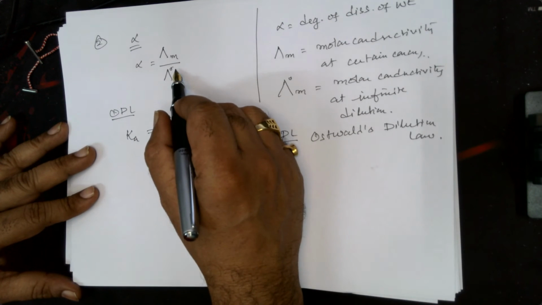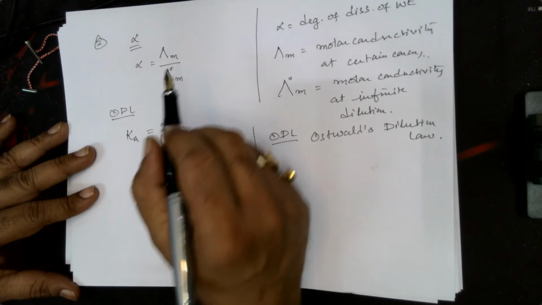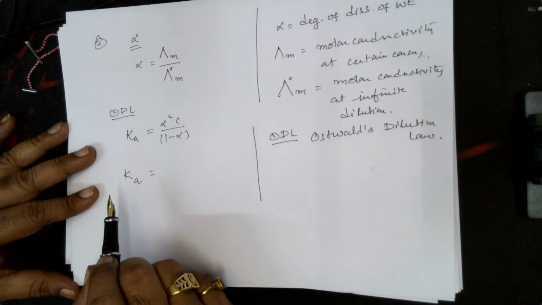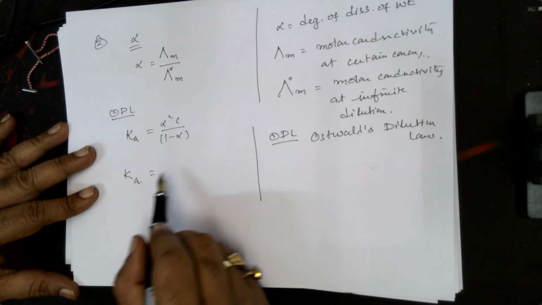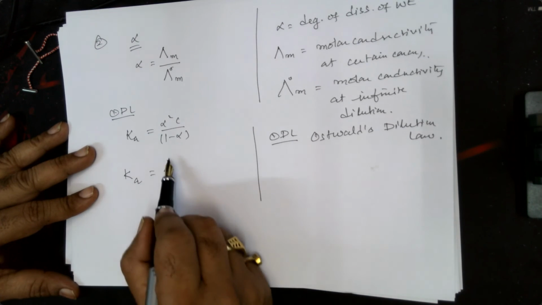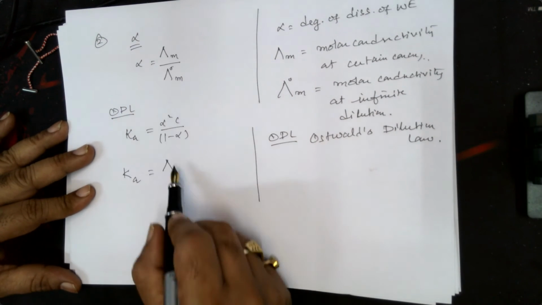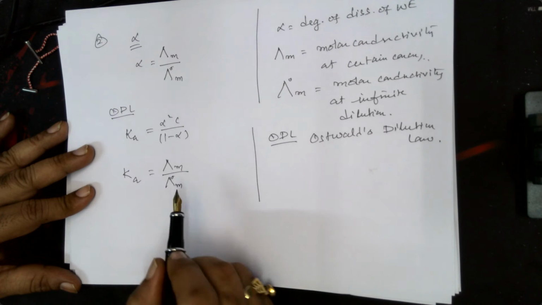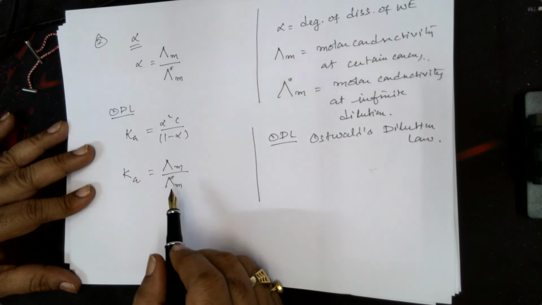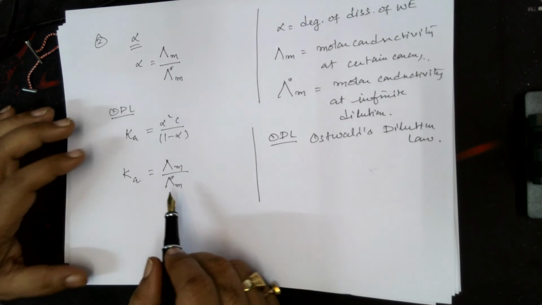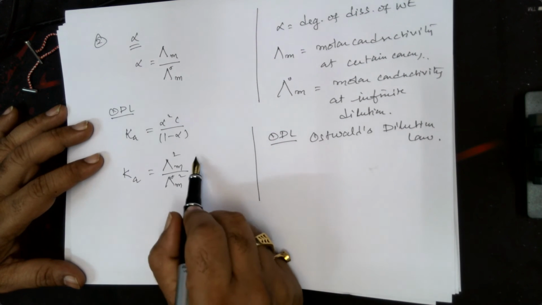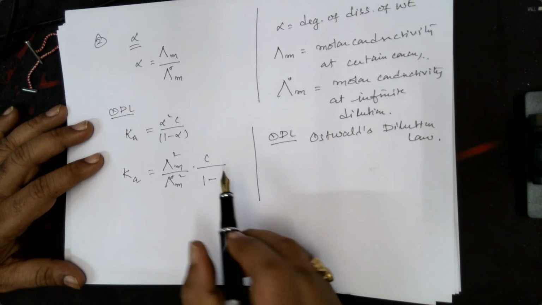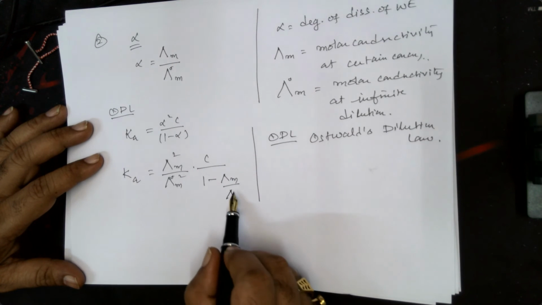So we can suitably substitute here. Therefore, Ka, the dissociation constant, is equal to, instead of alpha, we can put lambda m divided by lambda naught m, whole square. Is it not? So we put the square into C divided by 1 minus alpha, meaning 1 minus lambda m divided by lambda at infinite dilution.